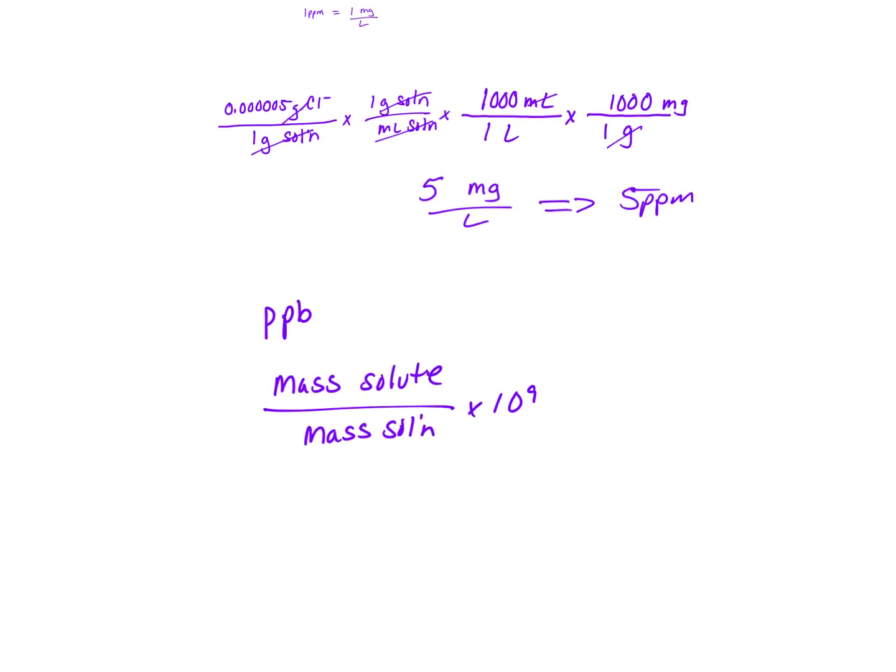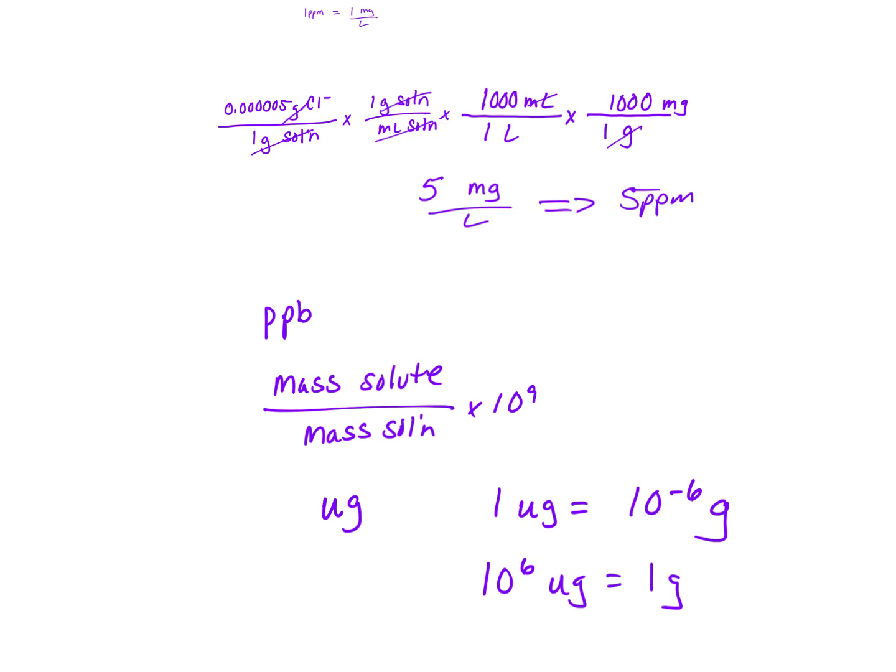And if we go through and do the same sort of process, instead of going to milligrams of solute, we would go to micrograms of solute. And 1 microgram is equal to 10 to the minus 6 grams. Alternatively, 10 to the 6 micrograms is equal to 1 gram.